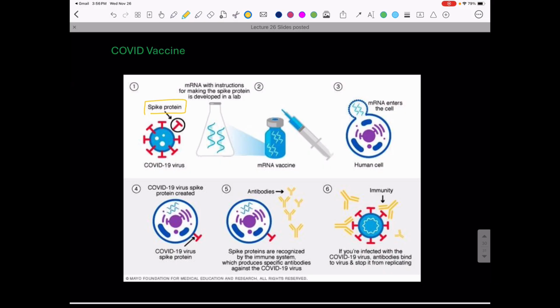It does not produce the same effects as the virus, but it has the antigenic properties. Once the mRNA that is responsible for the spike protein is injected, it enters the human cell. As you can see, the mRNA, which is the sequence for that protein, is injected into the cell.